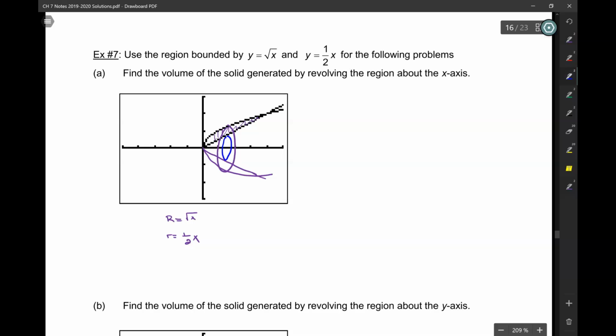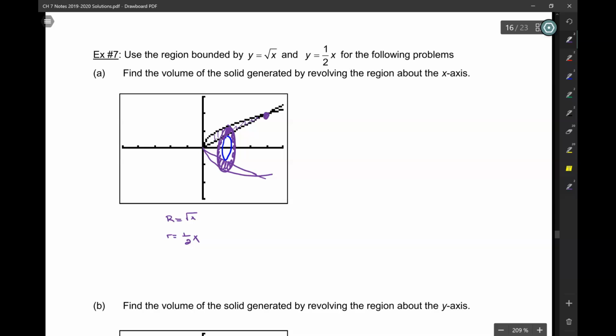And the region that you're integrating is the one in between here. So you see how the radius here, the shaded radius, is capital R minus little r. Now, we need to know, however, what this is.